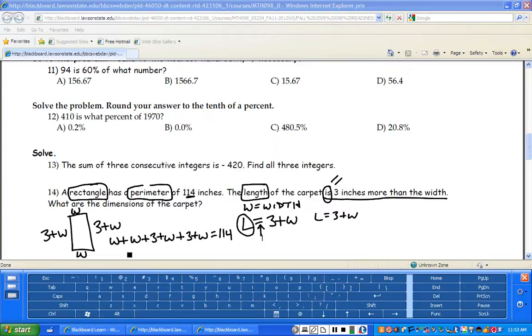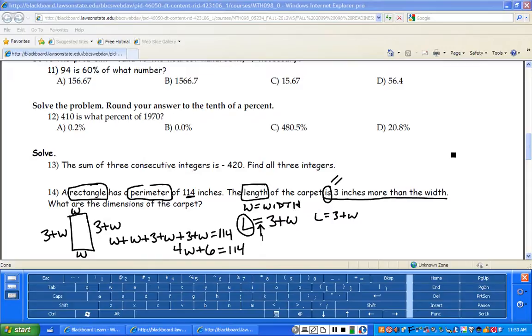Alright, so then when I look at like terms, there's a W, there's a W, there's a W, there's a W. So that's 4 W's. And when I'm looking at just constant terms, that 3 plus that 3 gives me 6 equals 114.